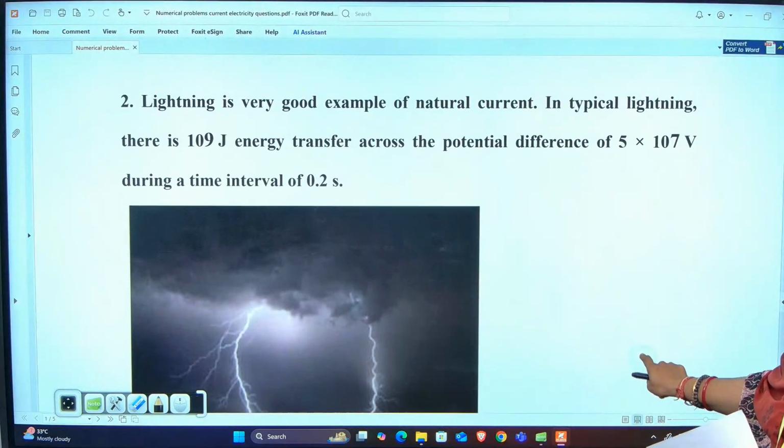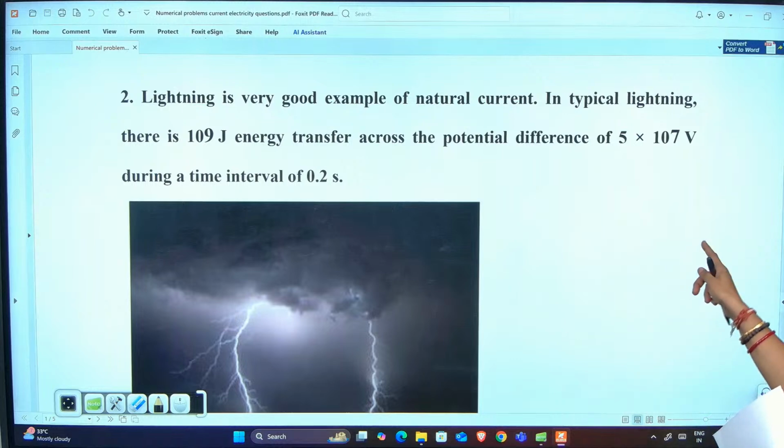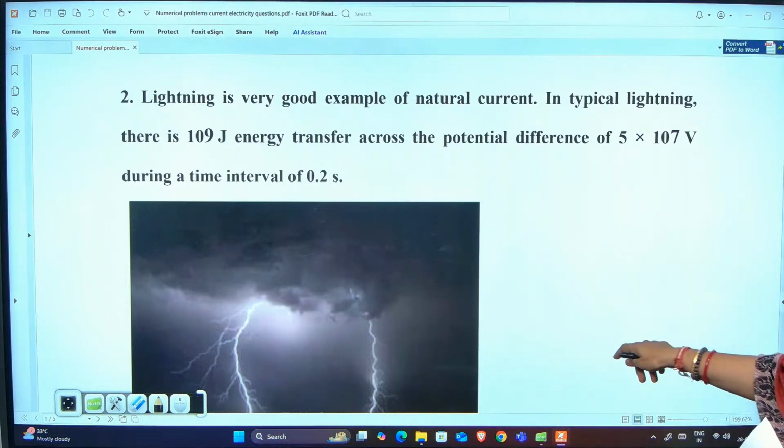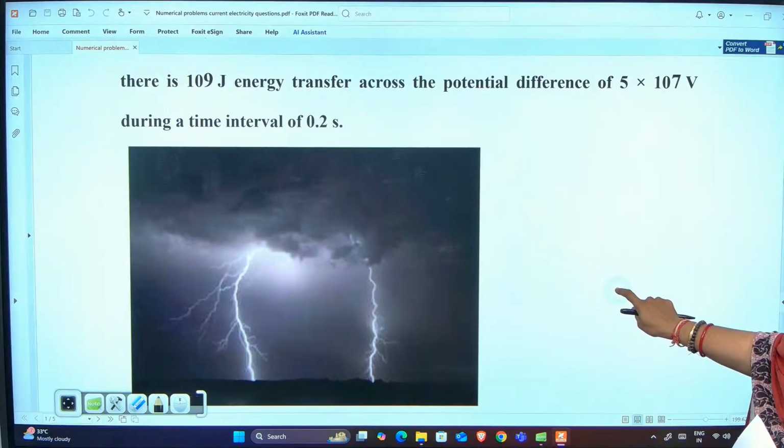Energy is 10 power 9 joules. Potential difference is 5 into 10 power 7 volts. And the time interval is 0.2 seconds.